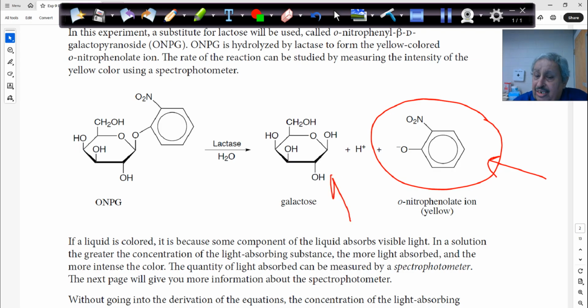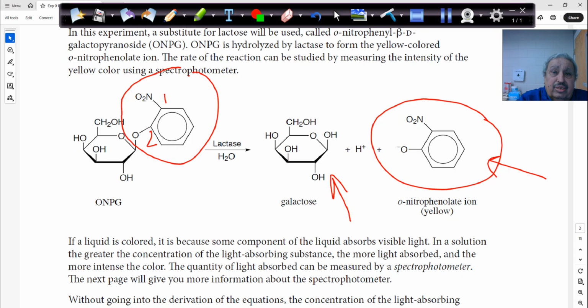Galactose is a colorless solution, has no use for us. We cannot follow it. And this is the large molecule here. You can see ortho means 1,2 nitrophenyl, correct? Beta D galactopyranoside.